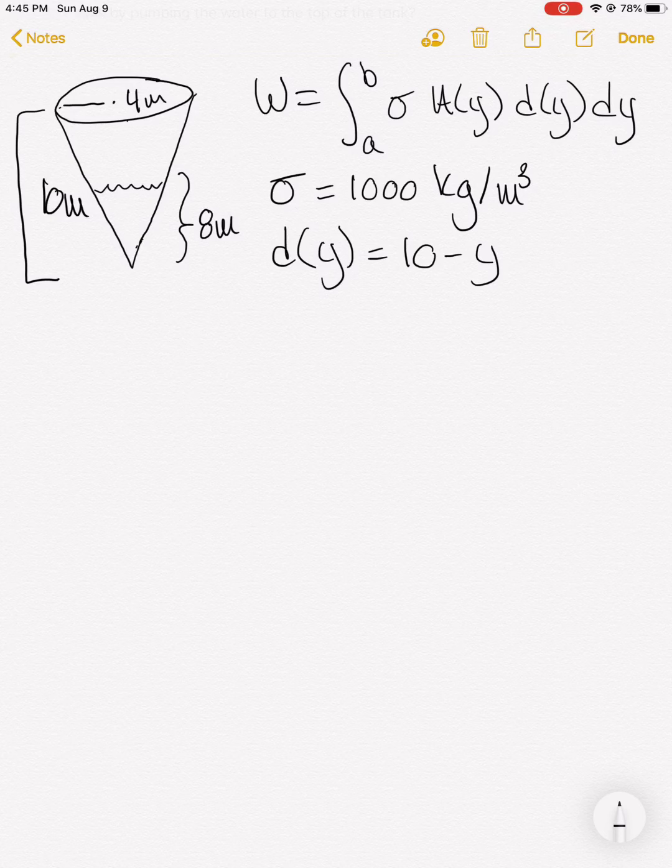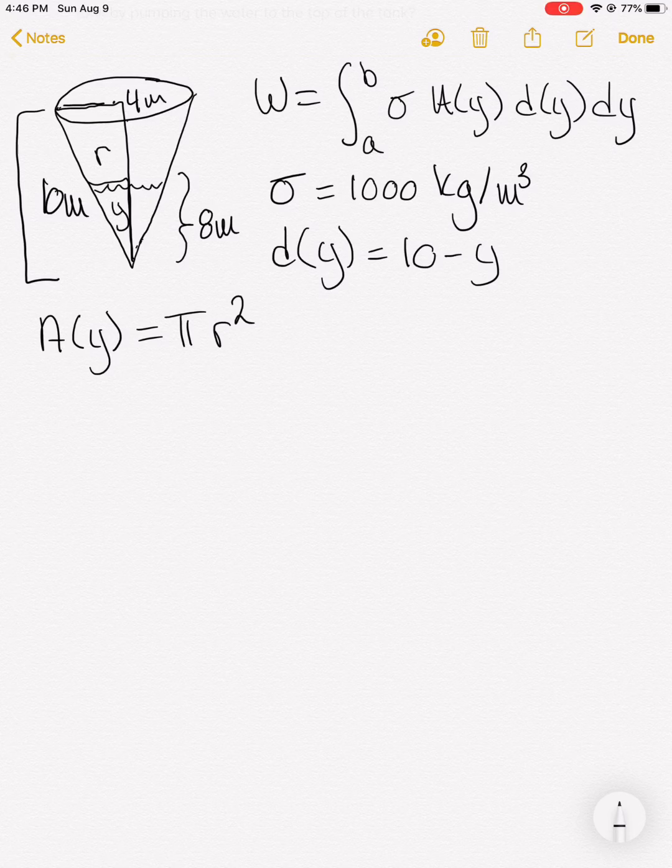So now that we have this, we need to find the area. So the area's formula is pi r squared. And we currently don't know what r is. So to do this, we need to use similar triangles, like so. We'll make this triangle r, this triangle y.